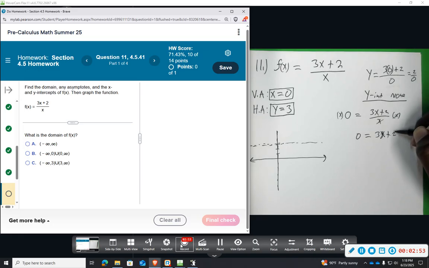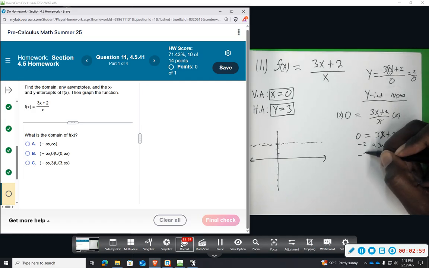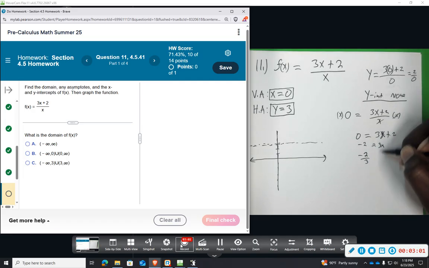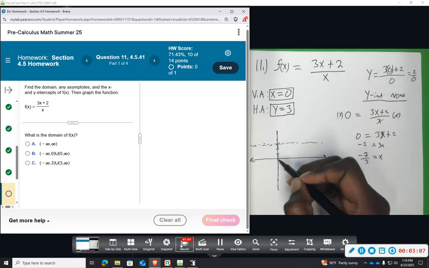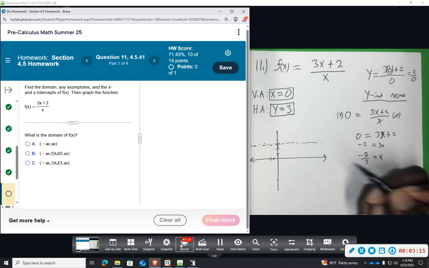Subtract 2 and divide by 3, so we get negative 2 over 3 equals x. So for our x-intercept, here's a negative 1, so negative 2 over 3 is somewhere in between 0 and 1, like 2/3 of the way right here. This will be our x-intercept.